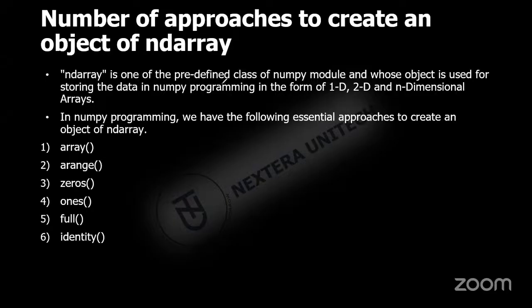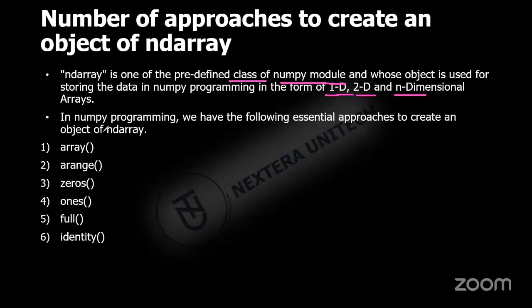So NDarray is treated as a predefined class, like how we have the other data types. NDarray is one of the predefined classes of the NumPy module, which helps us to store the data in NumPy programming in the form of 1D, 2D and n-dimensional arrays. But how can we create these NDarray objects?